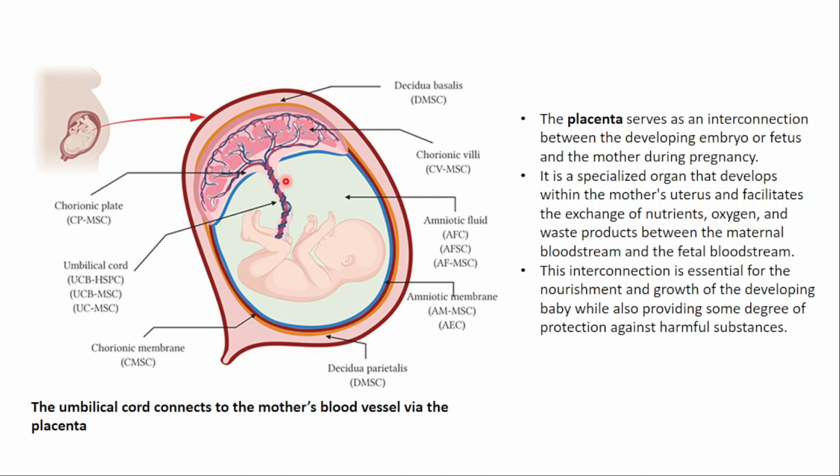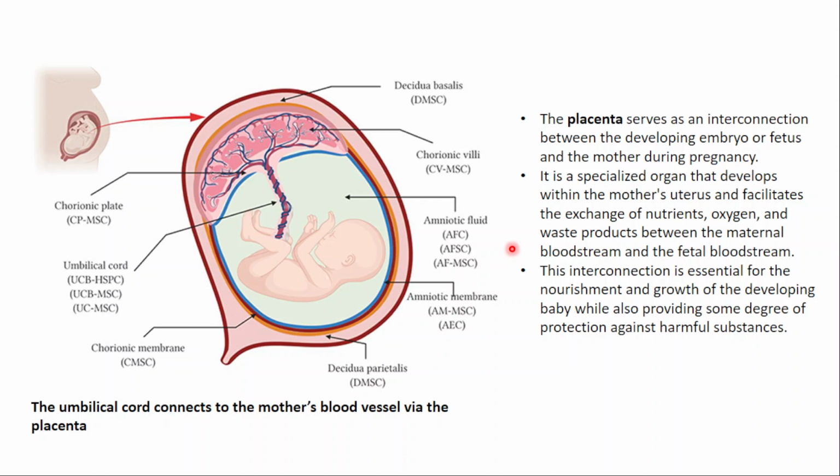Since a fetus is an independently growing organism within the mother, we have a separate bloodstream for the fetus and a separate bloodstream for the mother, and these get interconnected within the placenta, but not the umbilical cord. The umbilical cord constitutes the fetal arteries and veins.